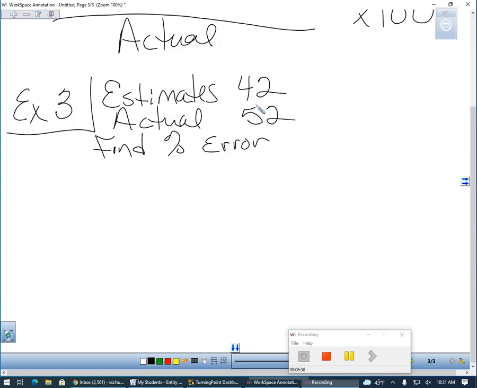All right, so again, we're going to do the absolute value of actual, which is 52, minus the estimated, which is 42, and we're going to divide by the actual, which is 52, and then times by 100.